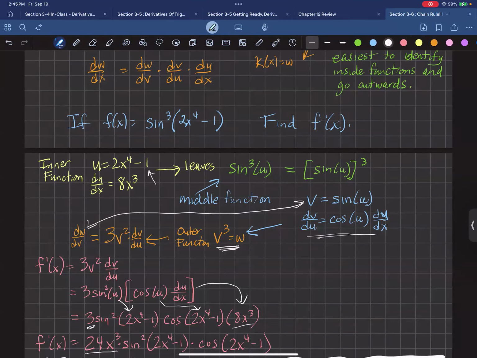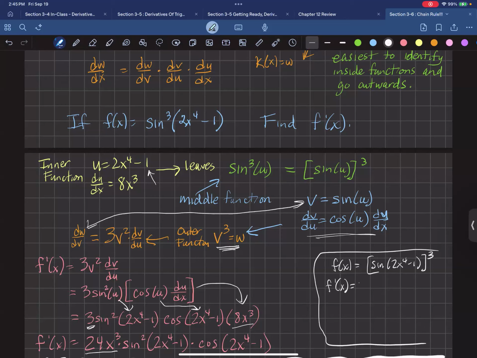If I were to do this on my own, the way I would do it is I would start off rewriting f of x like this. I would write sine of 2x to the fourth minus 1, cubed, like that. And then when I'm doing f prime of x, I'm working on the outside, working in.